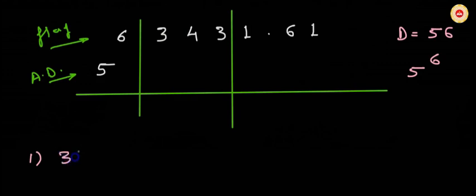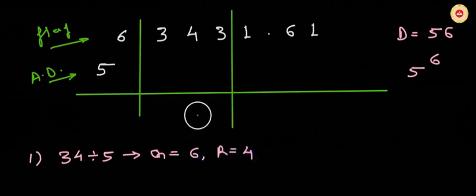Divide 34 by actual divisor 5, which gives us quotient how much? 5 6s are 30 and remainder is 4. Write quotient 6 below 34 and write remainder 4 as a prefix to the next digit in the dividend. Now these two digits 4 and 3, read this as 43.